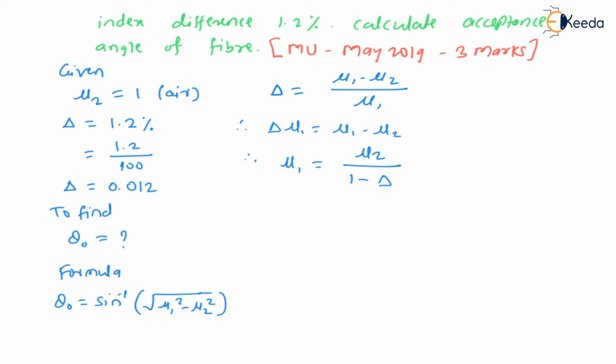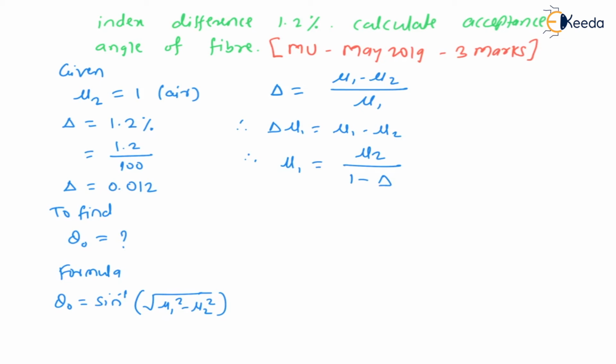We know the value of mu2 as well as delta, so we can easily find out mu1, and then we will substitute this mu1 into the formula of acceptance angle. So we'll have the value of acceptance angle.